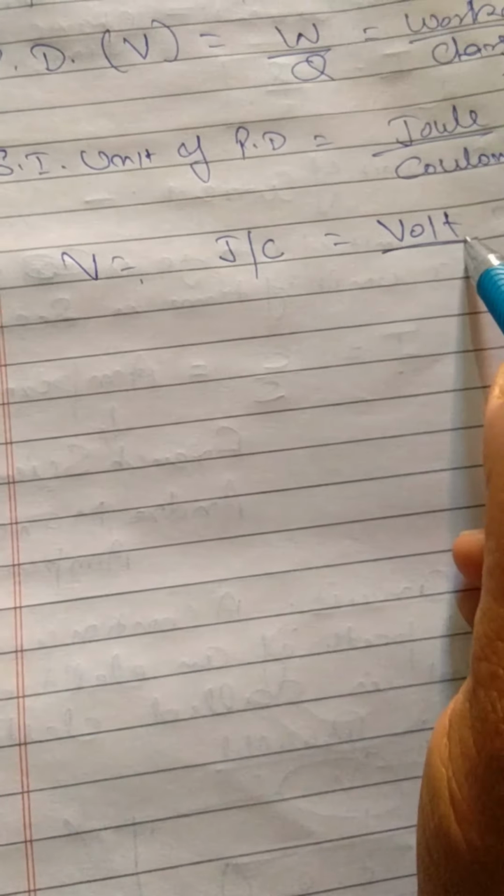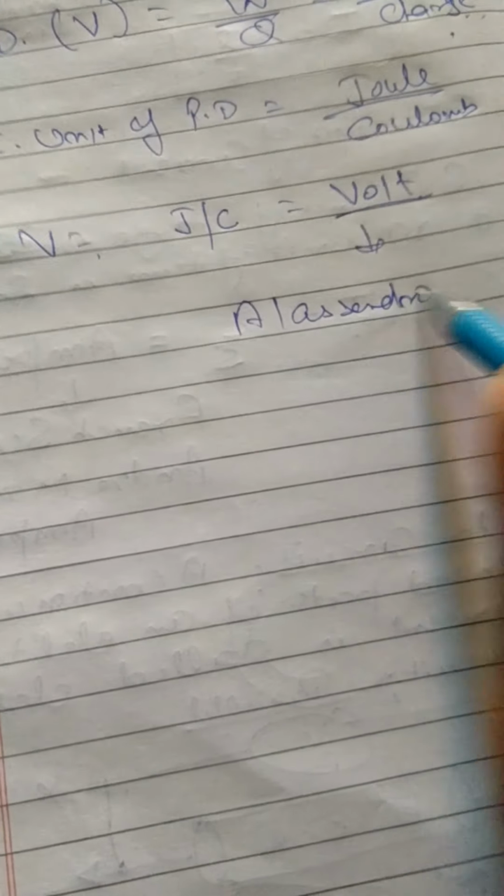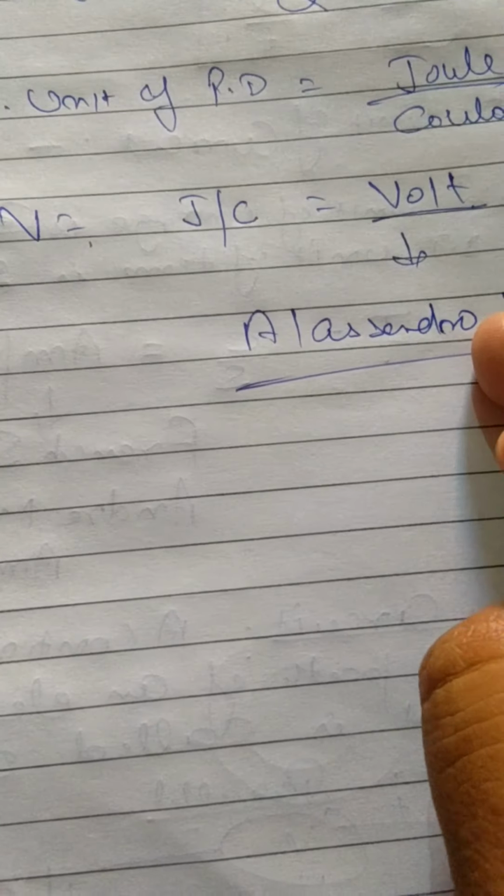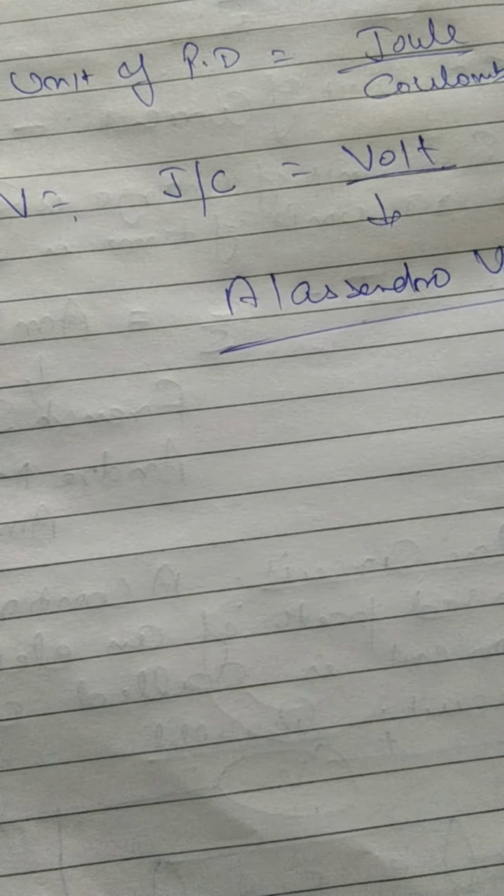The scientist who gave this unit of potential difference, volt, is Alessandro Volta.